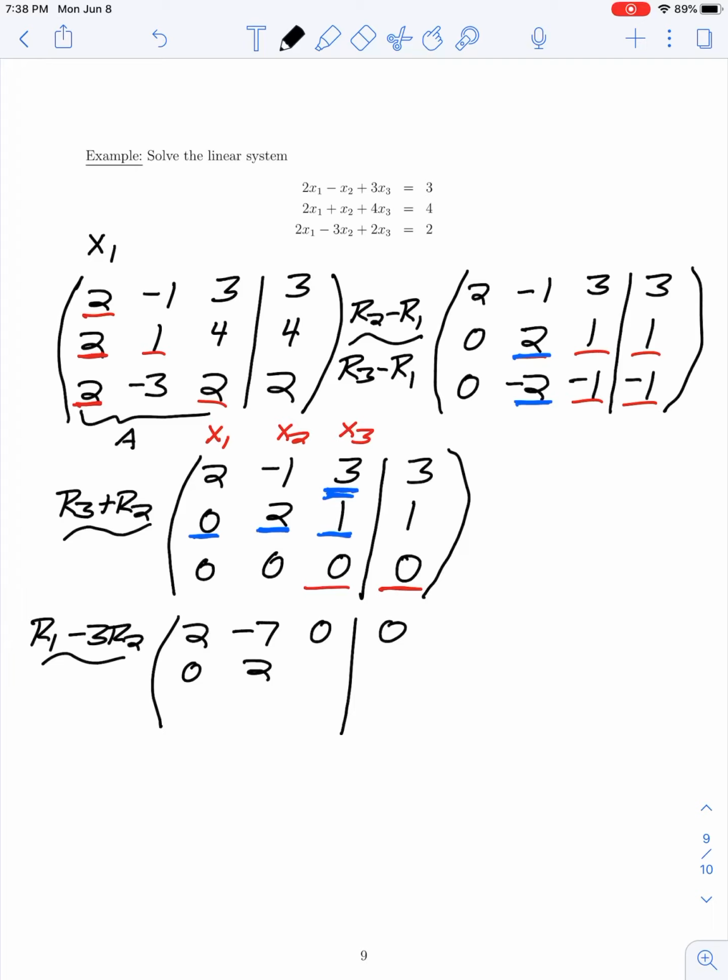And my second row I'm leaving alone. We've got 0, 2, 1, 1, and still our row of all zeros. All right. So at this stage, we can introduce our free variable, or we could try to simplify a bit further here.